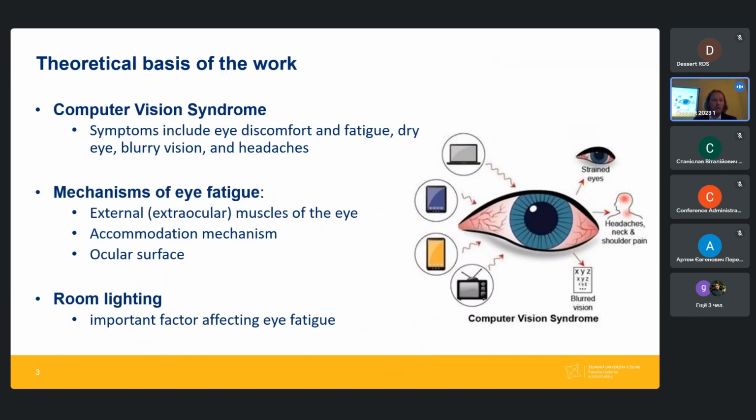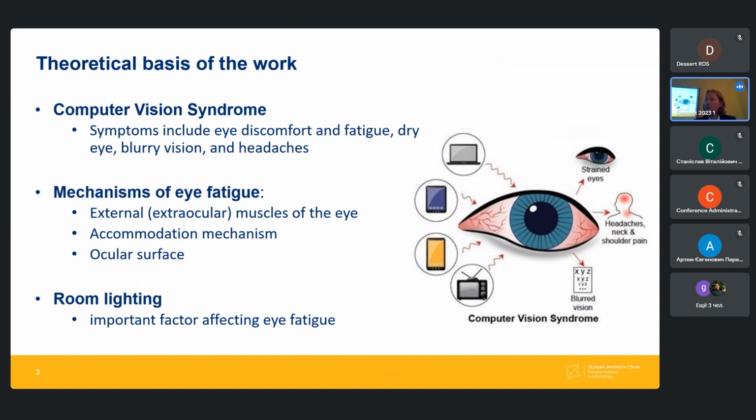Okay. Theoretical basis. In past years, because of COVID, everyone is working on a computer, and computer vision syndrome includes eye discomfort, fatigue, dry eye, blurry vision, and headache.